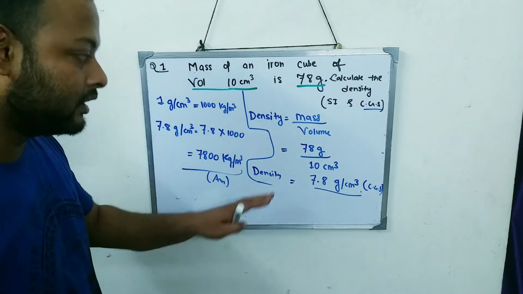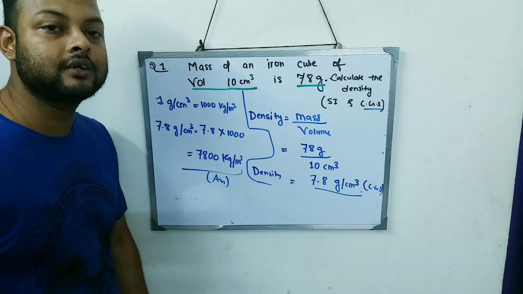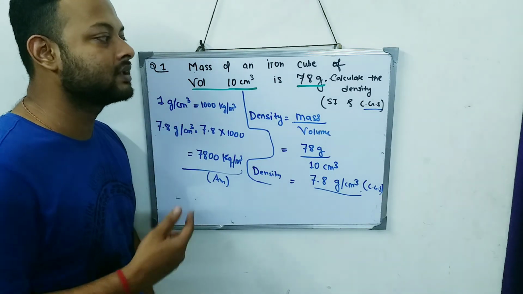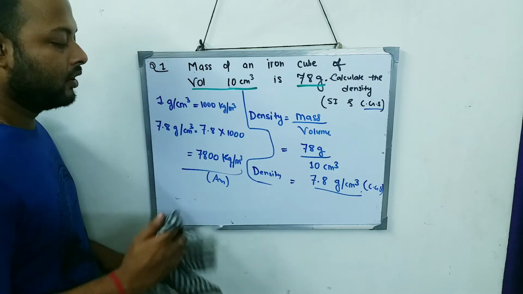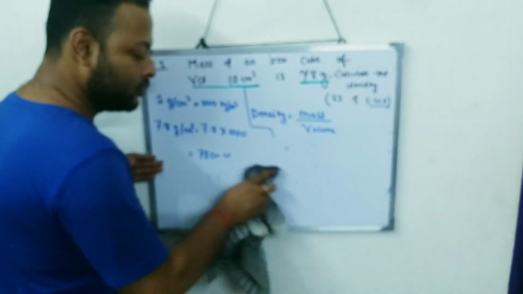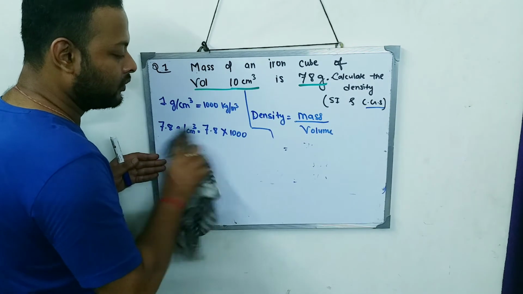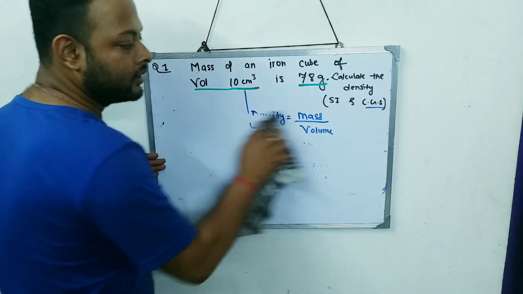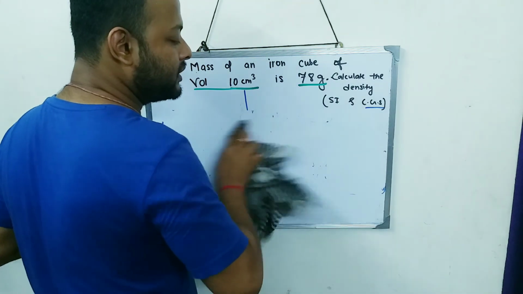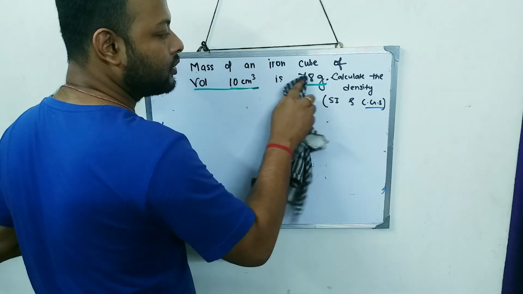If you haven't understood the sum, please go back and watch it from the starting and you will understand. If you understood this sum, I will give you one sum to do, and I want to see all of you writing the answer in the comment section.